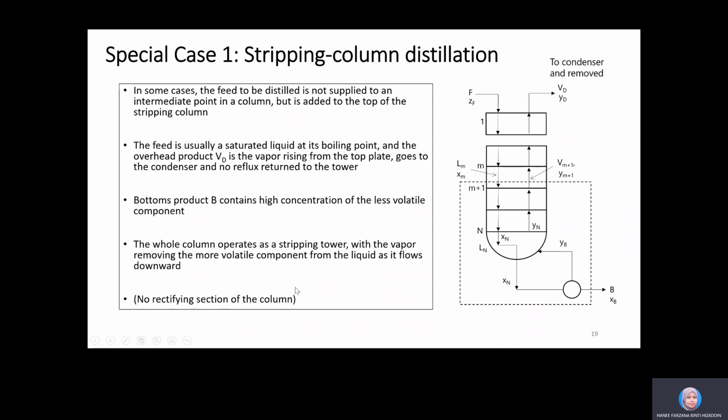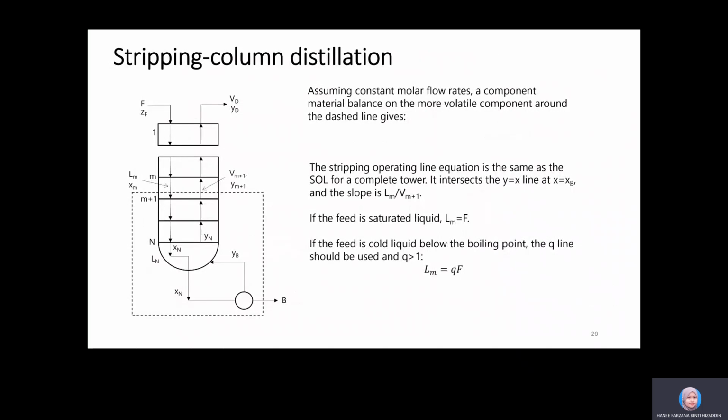So how does this make it different in our material balance? Have a look at the column again and assume a constant molar flow rate and constant molar overflow as well. A component material balance on the more volatile component around the dashed line will give you this.